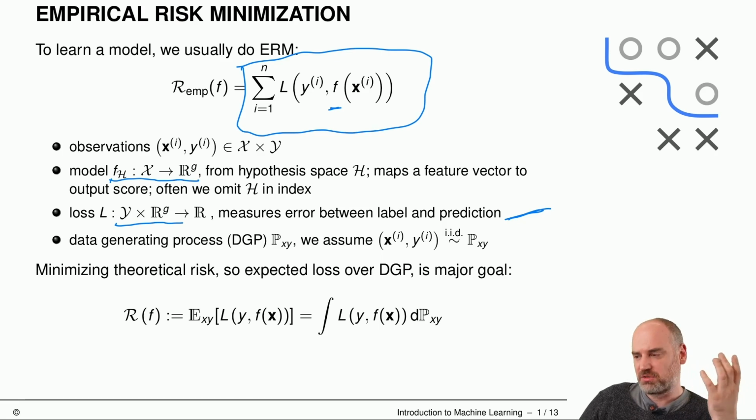This gives rise to a certain risk value, a numerical score that we associate with our candidate model f, and that score describes how well our model f reproduces the observed labels.